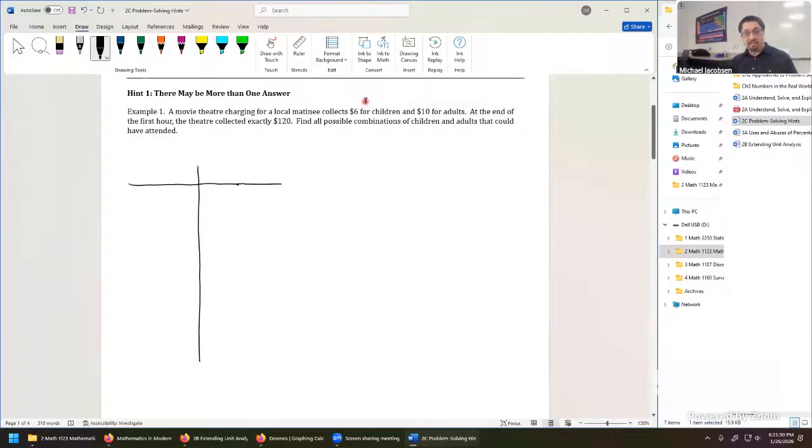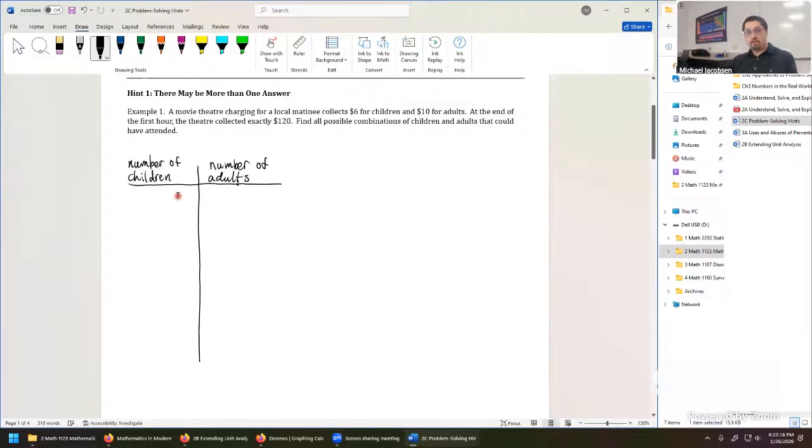So I'll just keep that parallel so I don't get mixed up in my mind and flip the values. We can say number of children. In this column, number of adults.